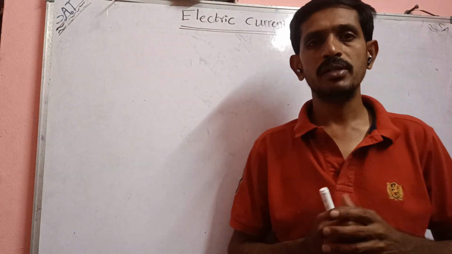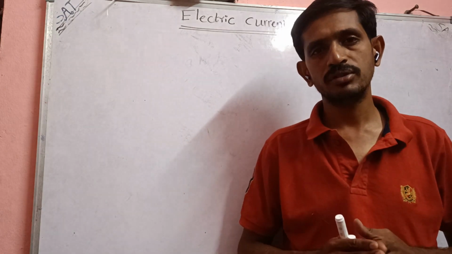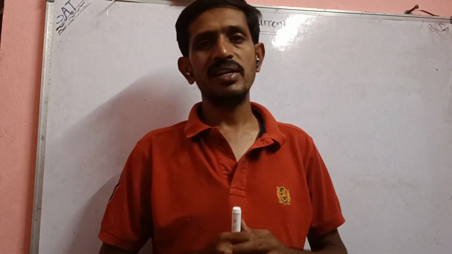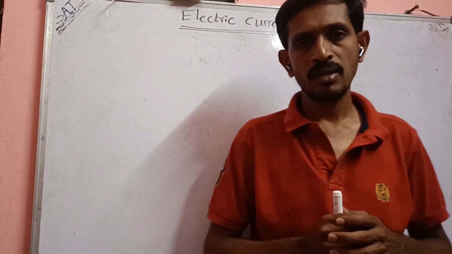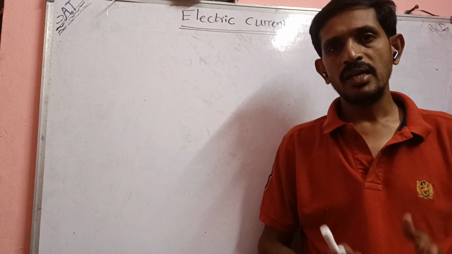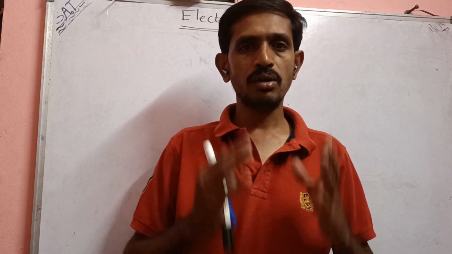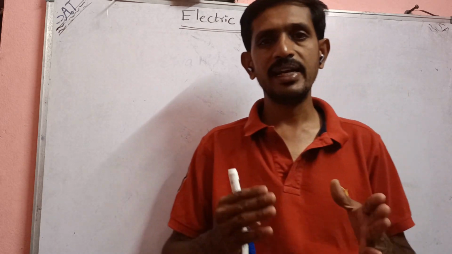Out of these five chapters, most students get confused about two chapters: one is electric current, the other is electromagnetism. So I want to complete each and every chapter chapter-wise, and the first chapter I'm going to start in 10th class is electric current.